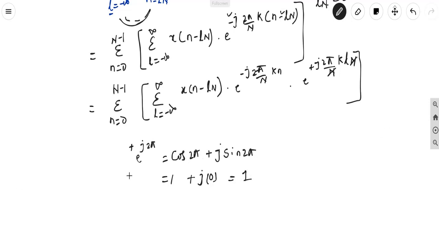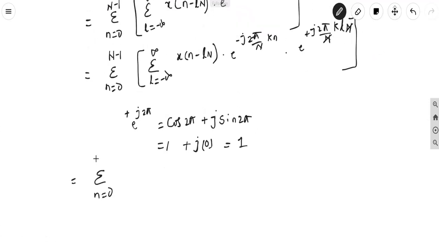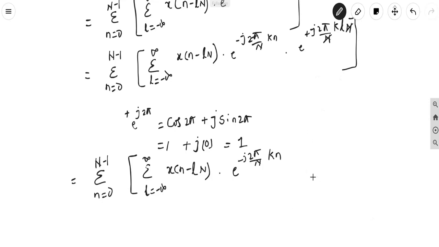Okay, so k and l are what? Integers. So this I can rewrite as summation n is equal to 0 to N minus 1, open the bracket, summation L is equal to minus infinity to plus infinity x of n minus lN, into e to the power of minus j 2 pi by N kn. And this term I'm going to replace with 1 to the power of kl.